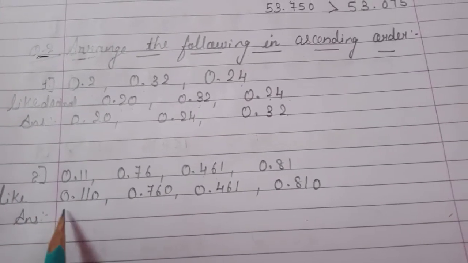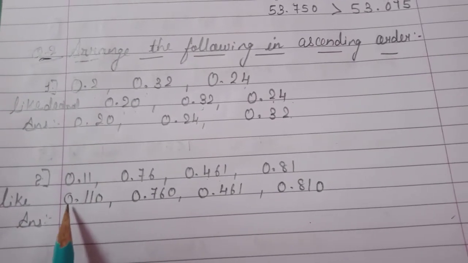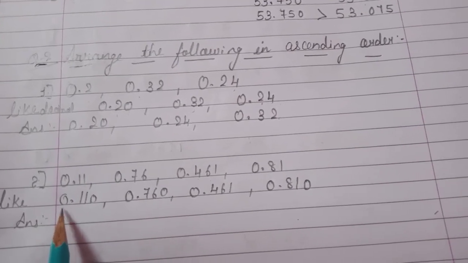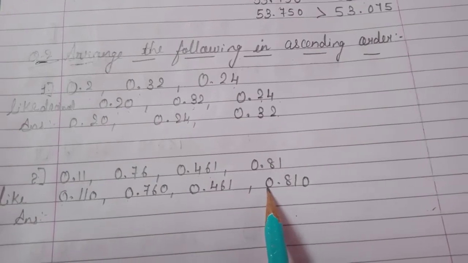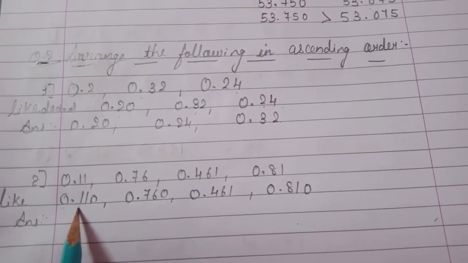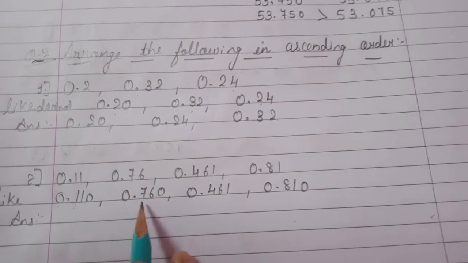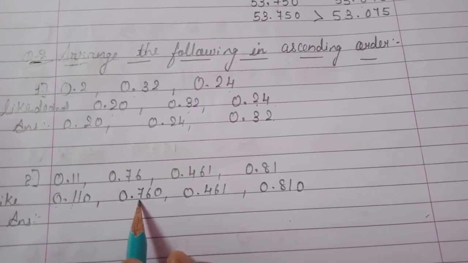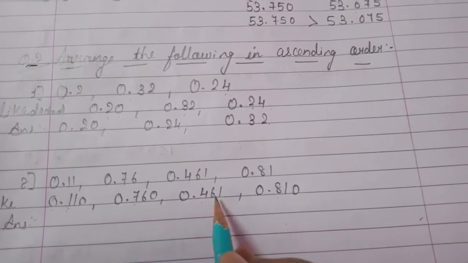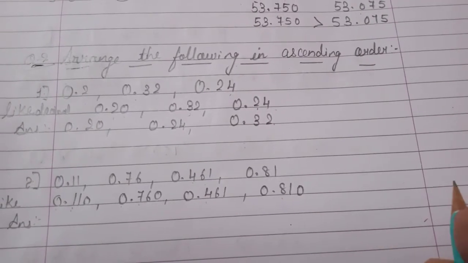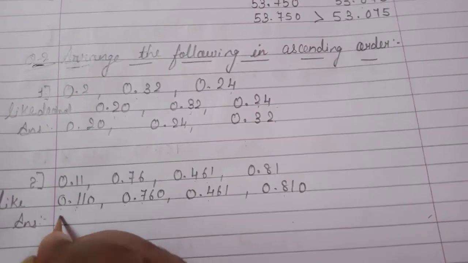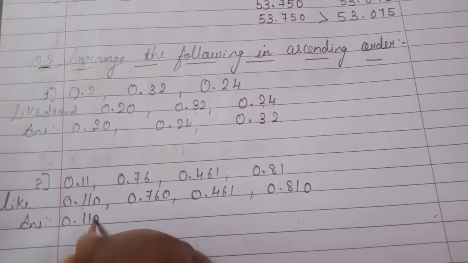So first we will compare the digit before the decimal point, that is 0. So in all decimals 0, 0, 0, 0. So now we will compare the 10th place digit. In the first decimal the 10th place is 1. In the second decimal the 10th place is 7. Then 4, then 8. So between 1, 7, 4, 8, which one is the smallest? 1. Okay. So we will write 0.110.